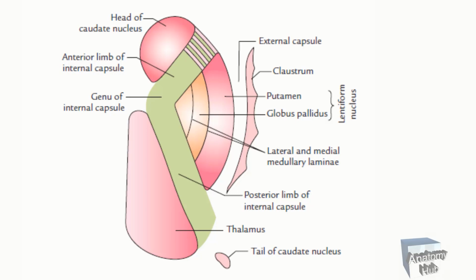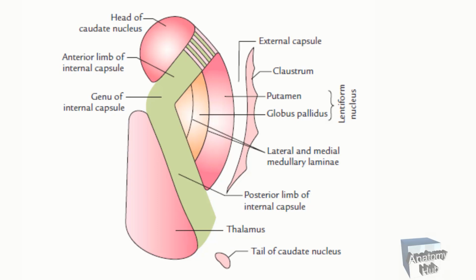Medial surface is more convex and related to internal capsule, limbs and genu. In transverse sections, the medial surface is angulated at the genu. Inferior surface is related to sublentiform part of internal capsule and lies close to the anterior perforated substance.